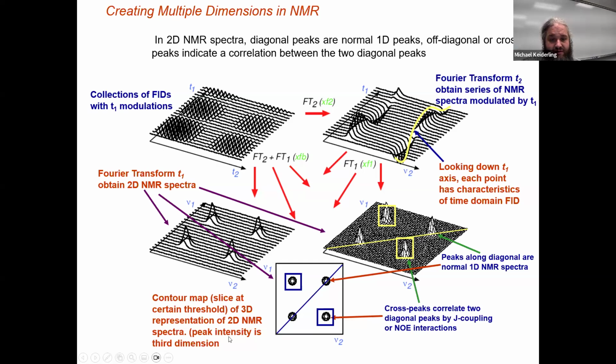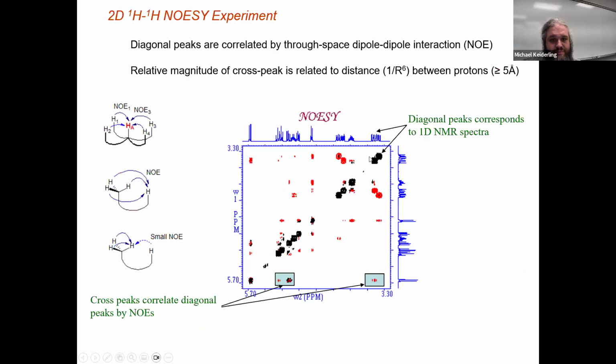So if you're looking here, because these are often presented as a contour map, these are the normal peaks. These off diagonal peaks indicate coupling or NOE interactions between these two particular groups of nuclei. So here, for example, is a 2D hydrogen NOESY experiment.